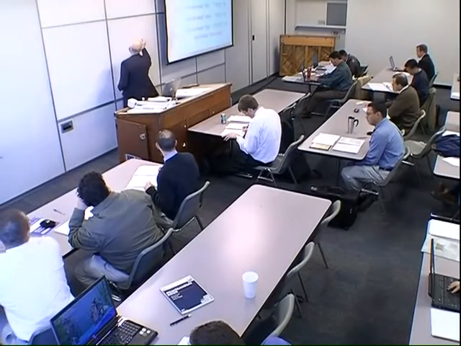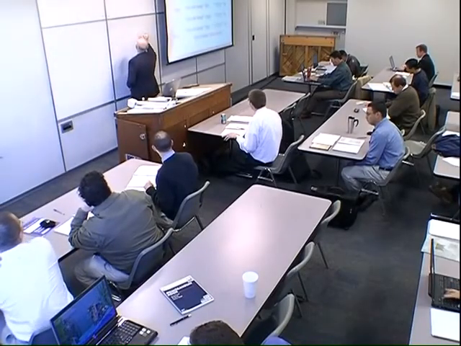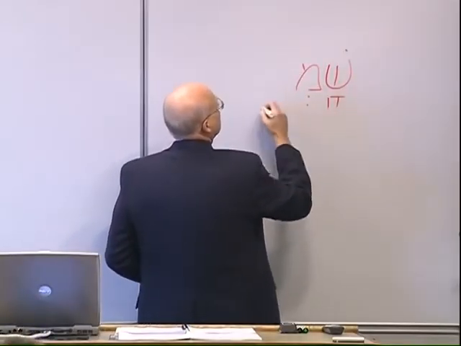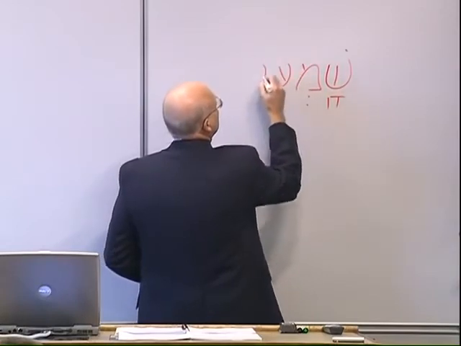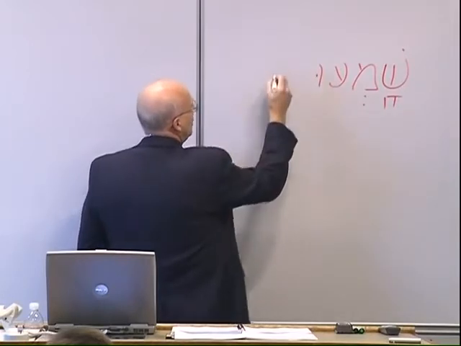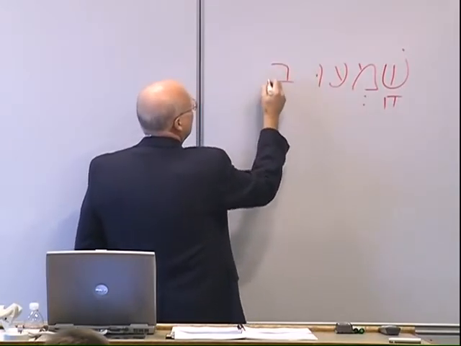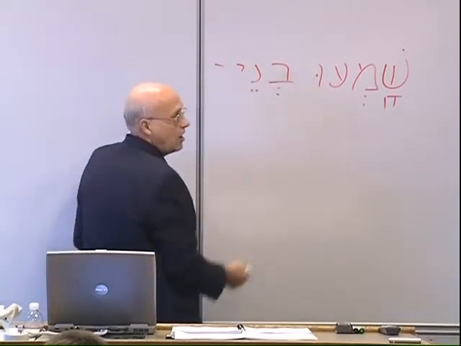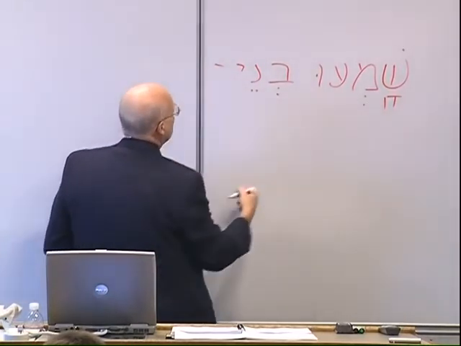So for some of you in your exercises, when you were talking about the sons of the prophet obeyed God, you would begin that with Shama'u. Shama'u ends in a shureq, an open syllable, and so the sons, B'nai, would not have a dagesh in the Beth because you have a shureq before it.